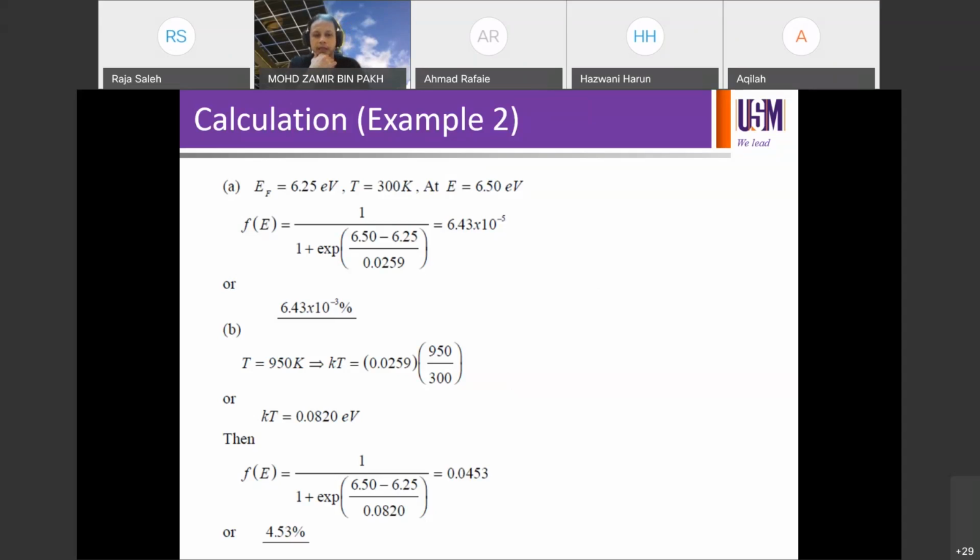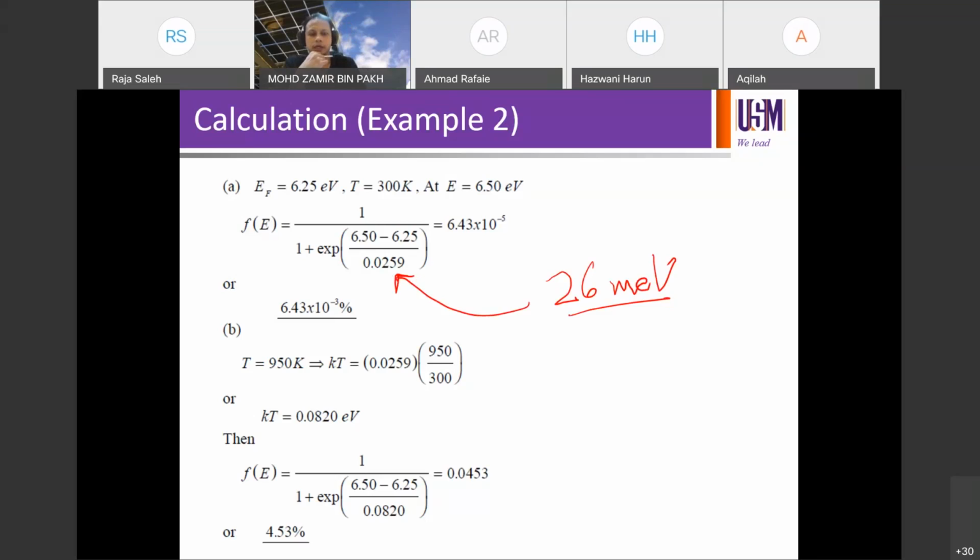So just plug in all the known values. KT, when T is equal to 300 Kelvin, is usually equal to 26 milli electron volt. That's why you get this.